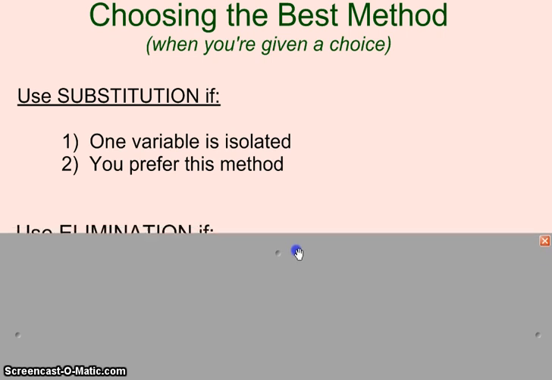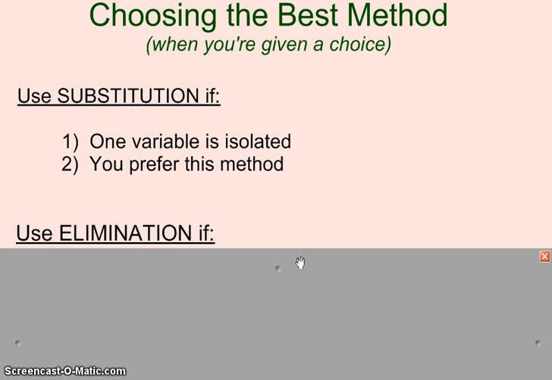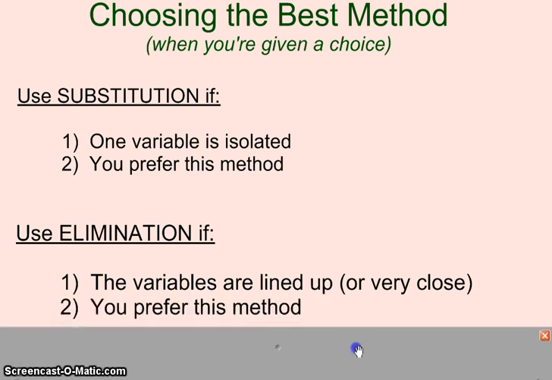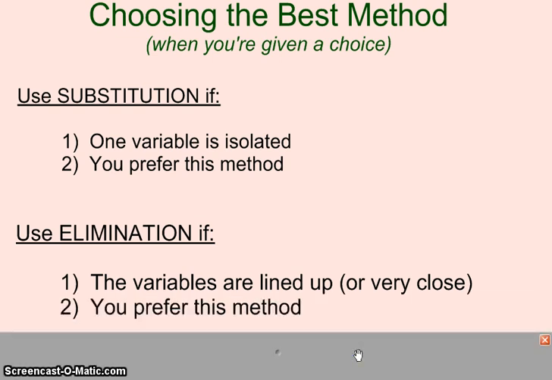And for elimination, normally you want to use it if the variables are lined up or are very close to being lined up, where you maybe only have to make one little adjustment. And the same thing goes with elimination. If you just like elimination and you're good at it, then use this method if you're given the choice.